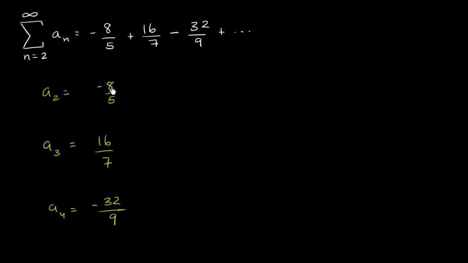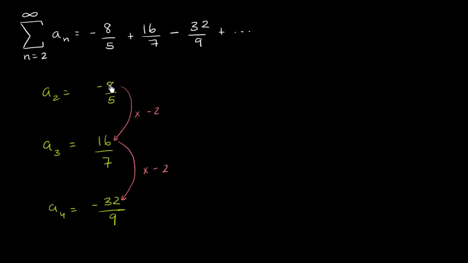So when we go from negative 8 to 16, what's happening? Well, we're multiplying by negative 2. Now to go from 16 to negative 32, we're multiplying by negative 2 again. So you might say, okay, whatever we have in the numerator must be a power of negative 2. Maybe this is negative 2 squared? Well, negative 8 isn't negative 2 squared.